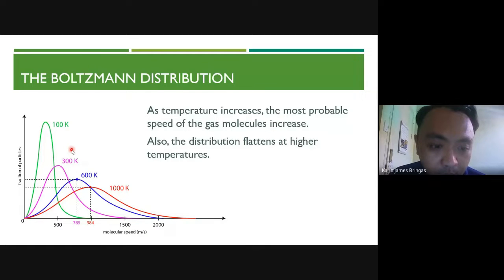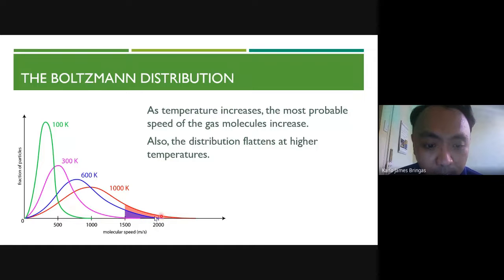And finally, we can look at this one. Let's just focus on the 600 and the 1000 Kelvin here. If we look at the proportion of our particles having a speed of 1,500 or greater, this is the blue area that we have in here. And similarly, the proportion of gas molecules at 1000 Kelvin having a speed of 1,500 or greater is represented by the red curve over here.